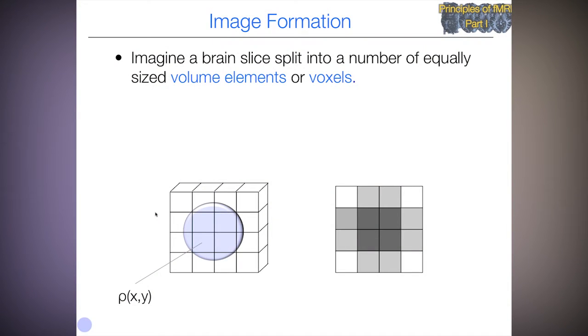So this is a very low spatial resolution, because we only have 16 different voxels, but what we see here is that the darker voxels illustrate that we have more hydrogen atoms, while the lighter ones illustrate that we have fewer, and the white ones that we have very little hydrogen. So this gives a representation of the object that we're interested in. Now, to get a better representation, we would have to split the slice into more voxels, and that comes with a cost, which we'll illustrate in a few slides.